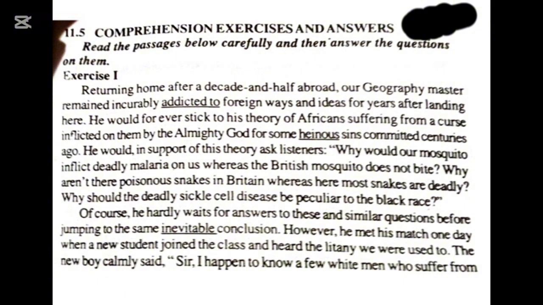Fourth one is using a different grammatical form and tense form from the form of the word or phrase to be substituted or replaced. You're expected to use the same grammatical form as the given word or phrase when asked to explain the meaning of a word or phrase. For example, when you are asked to substitute a word or phrase in place of some underlined words, you are expected to use the same tense.